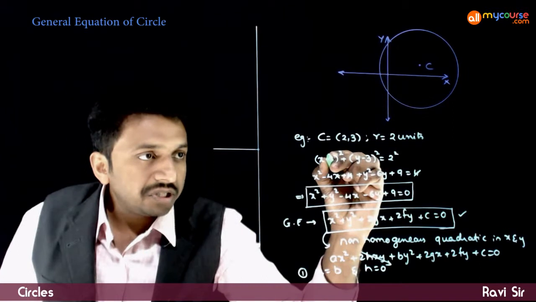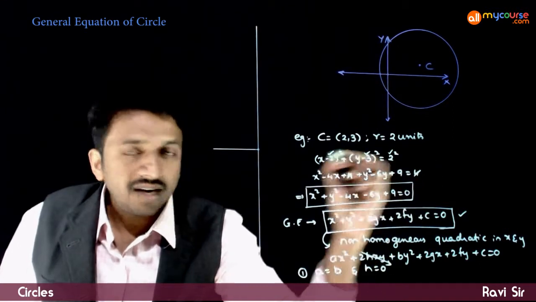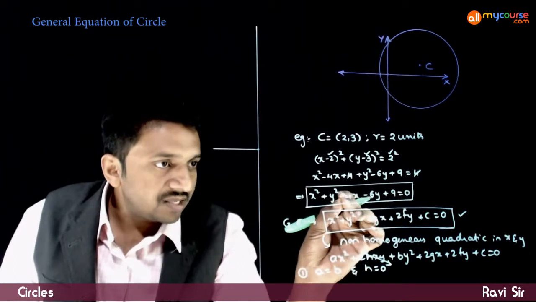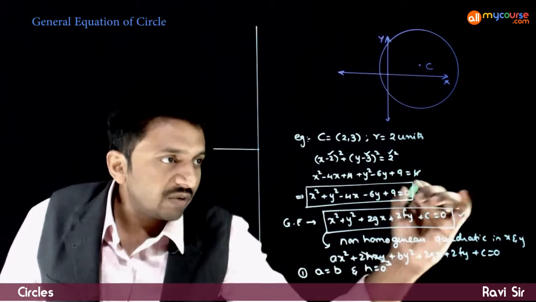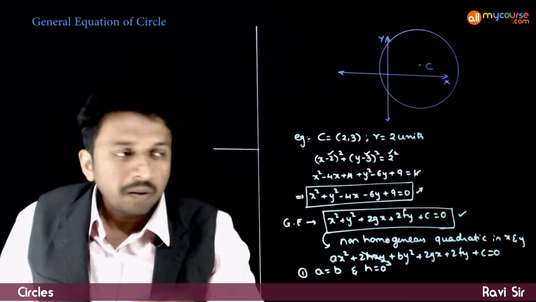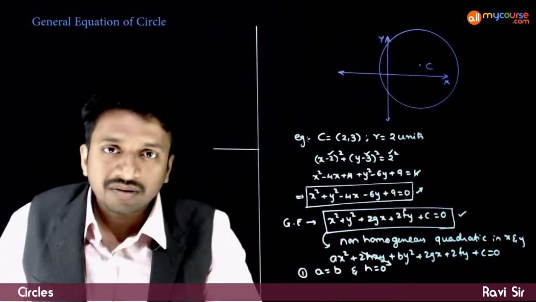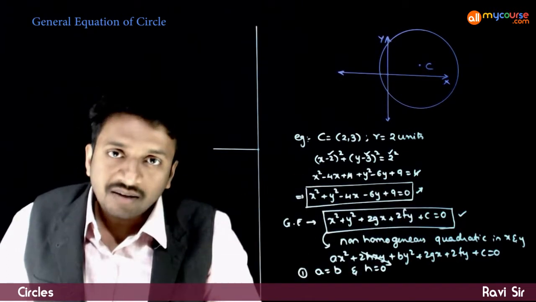In the standard equation, the center and radius are clearly visible. Now, if you are given x² + y² - 4x - 6y + 9 = 0, obviously this also represents a circle. This is exactly the same as this equation. So this also represents a circle.